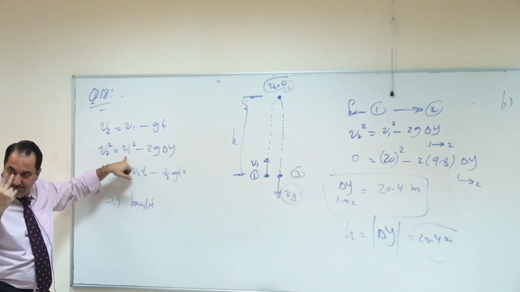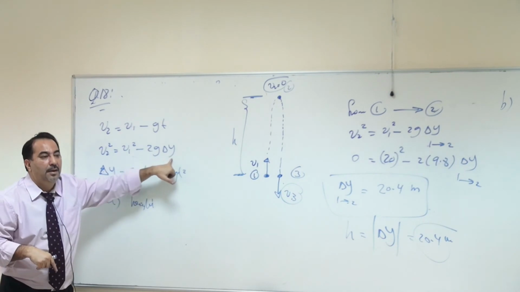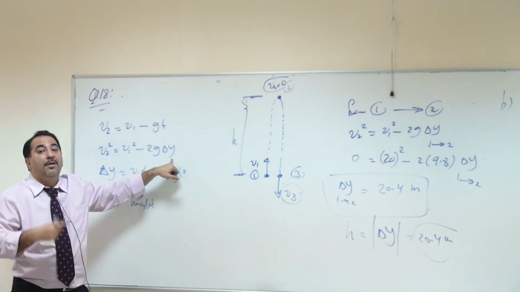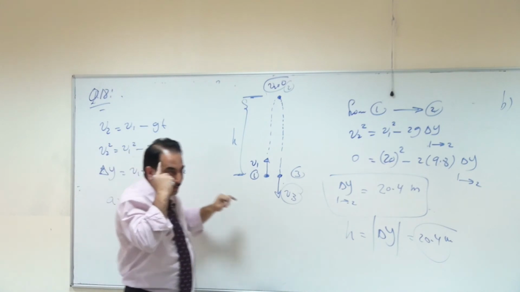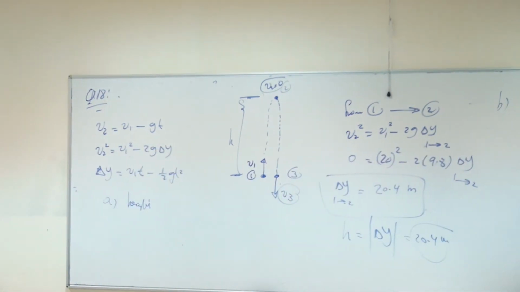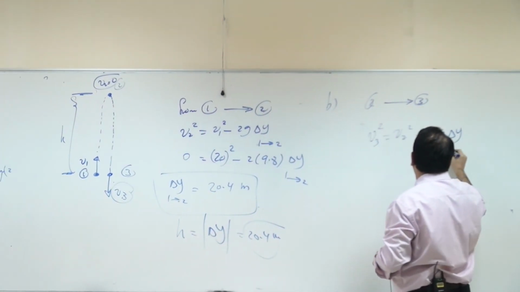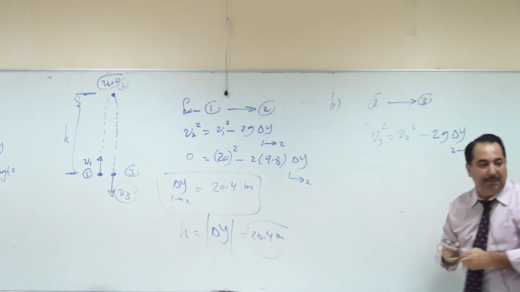V2. V3. From 2 to 3. I'll write it so you remember that. It means V3 square equals V2 square minus 2 G delta Y from 2 to 3. Okay?